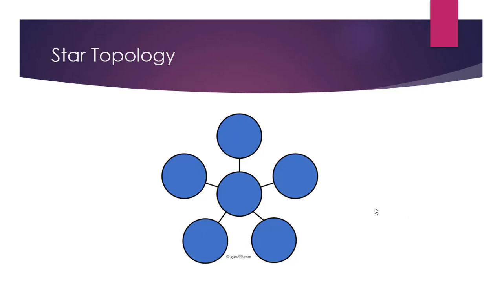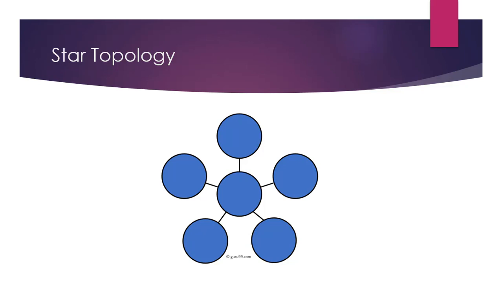Fault detection is easy, but if your central node crashes, your complete network goes down. And if one of the workstations is faulty, the rest of the network can still work. So it is more robust.